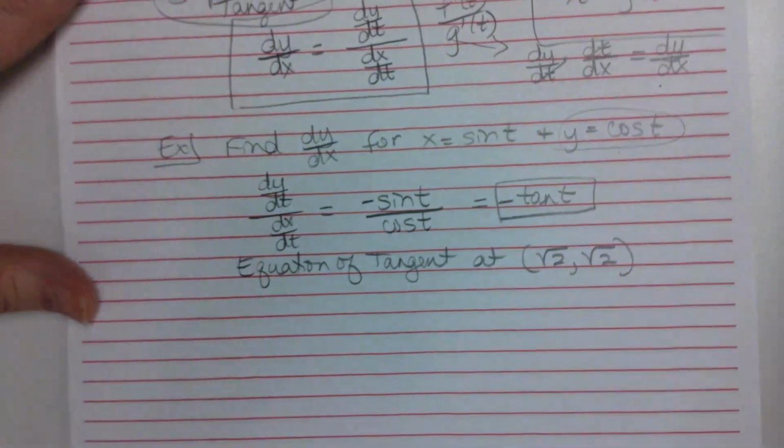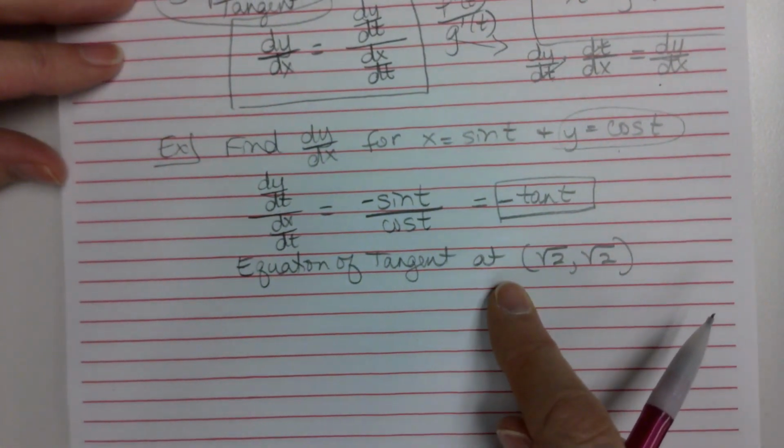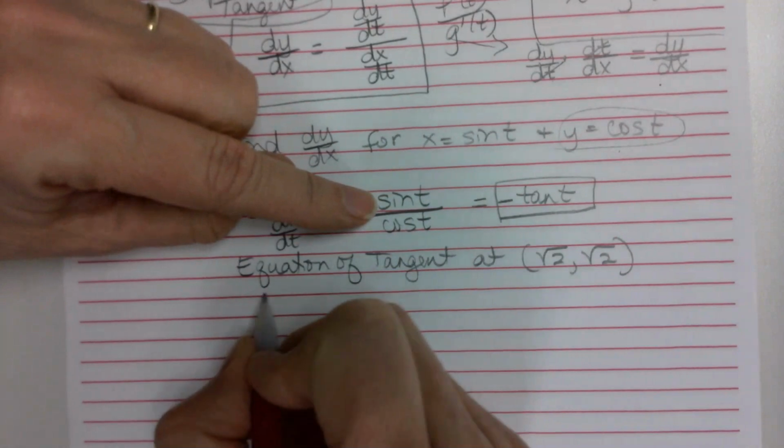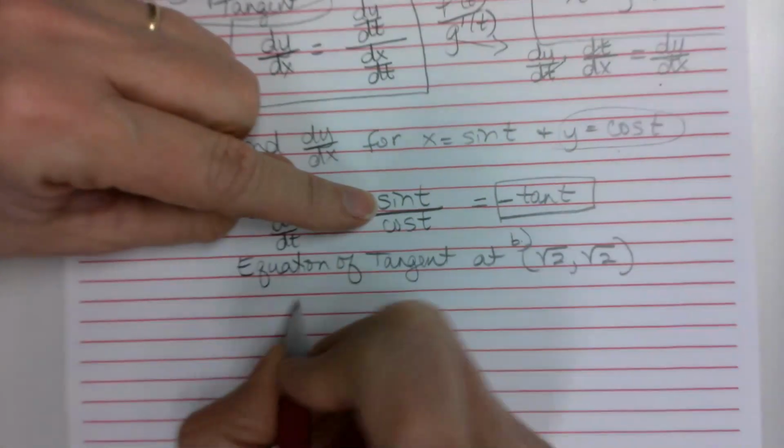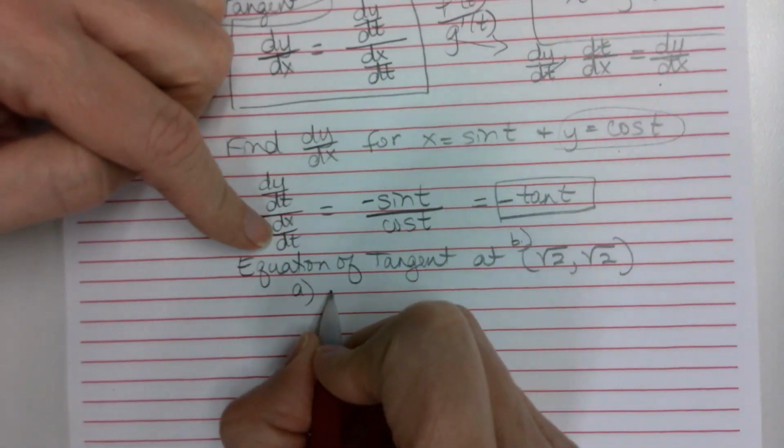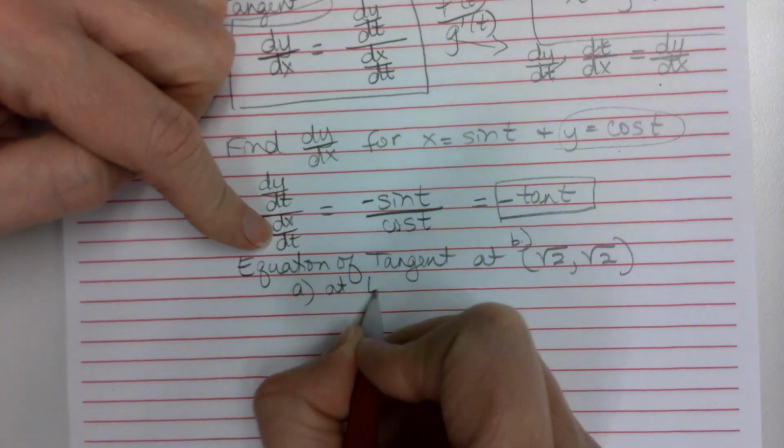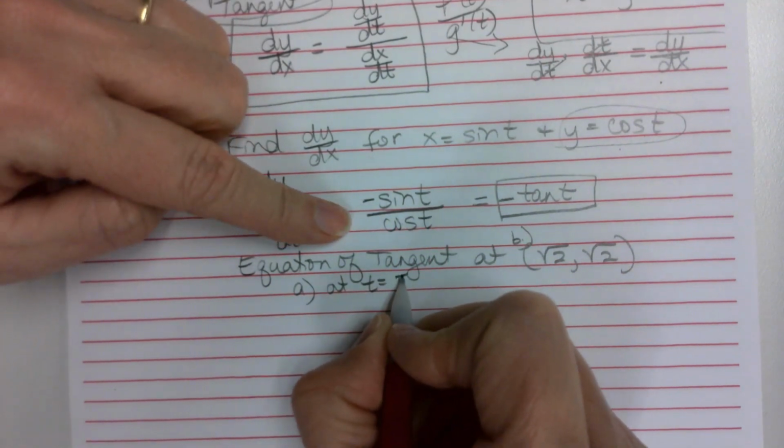Now, in an easy instance, they might say, we'll make this part B. Part A, find the equation of the tangent at t equals pi over 2.